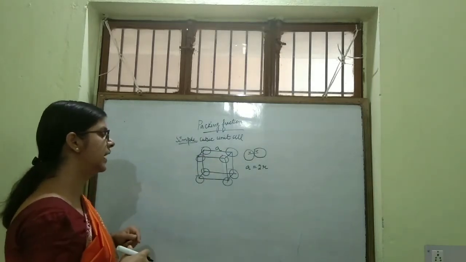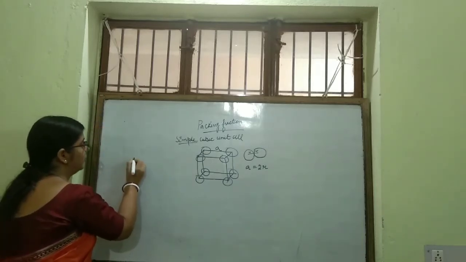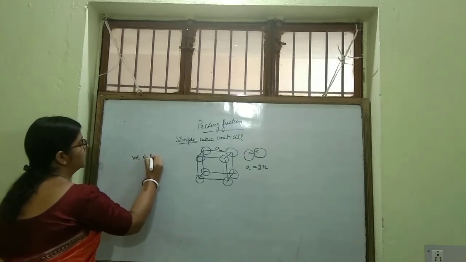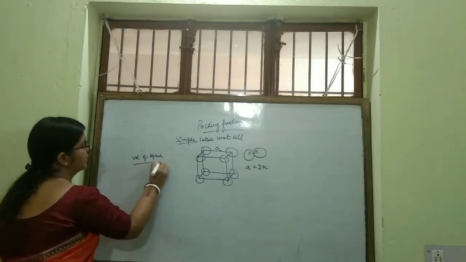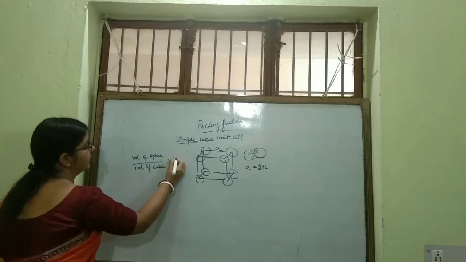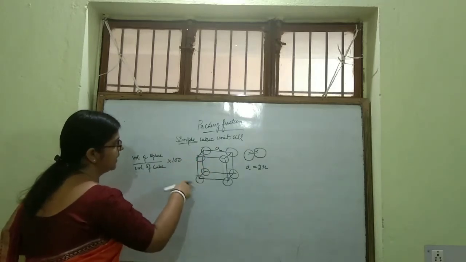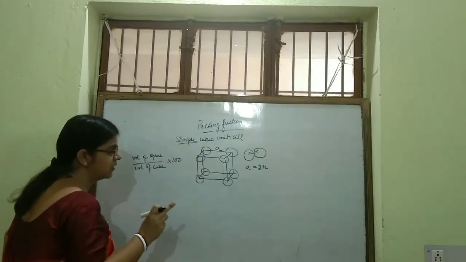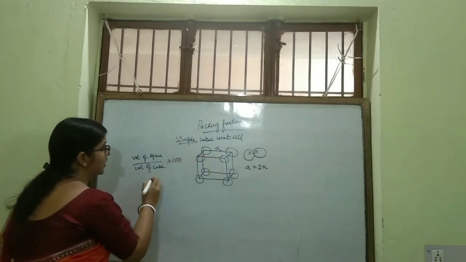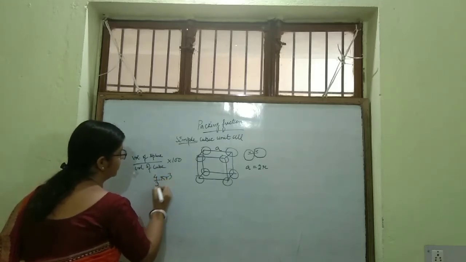Now, how to calculate the packing fraction or packing efficiency? The formula is volume occupied by spheres by volume of cube into 100. Here, number of particles per unit cell will be 1, since the particles are present only at the corners. So, the volume of this sphere will be 4 by 3 pi r cube.